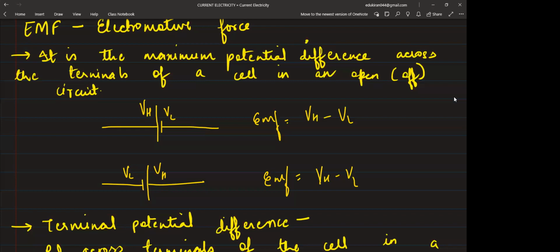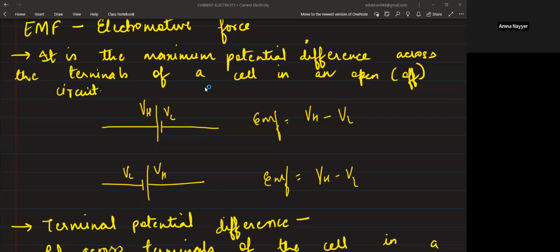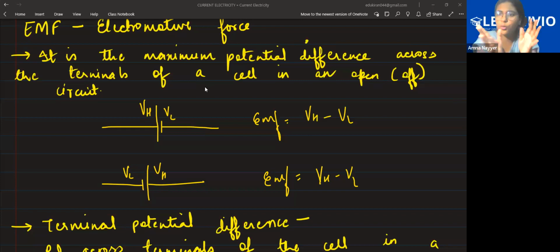When you see the term EMF, it appears as if this is a force, electromotive force. But this is not a force which is present. Electromotive force is potential only, voltage only.